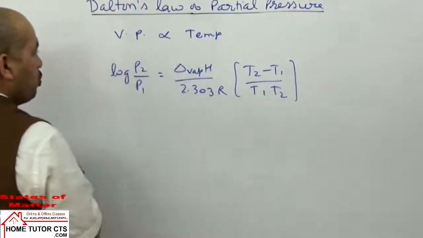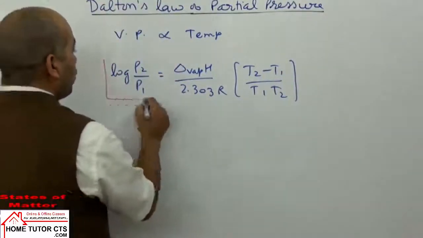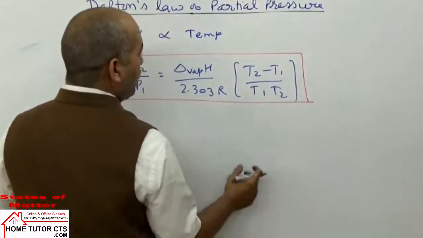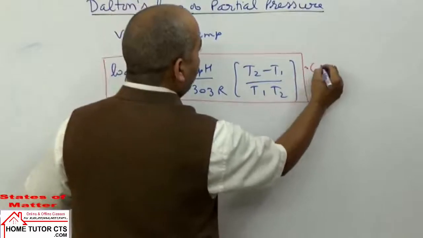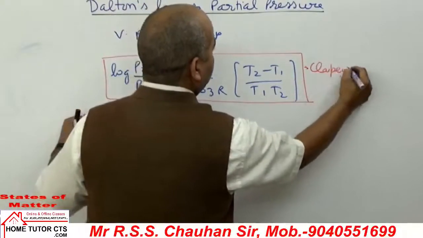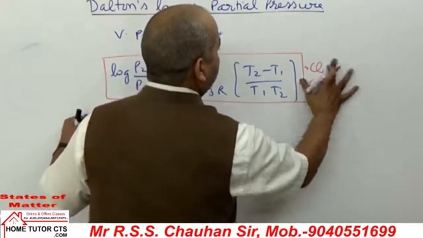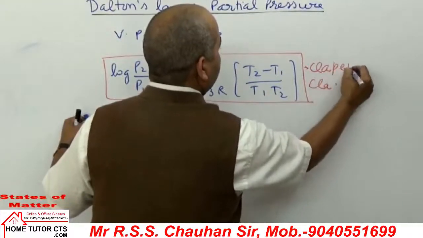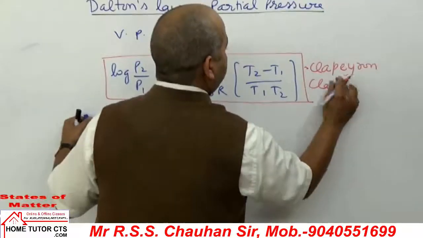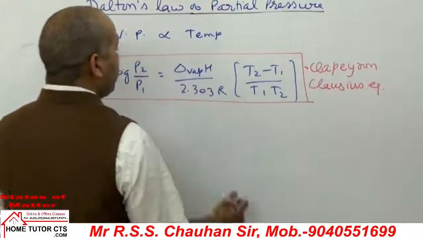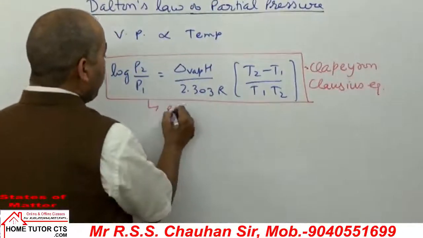This equation can be used here to see the effect of temperature on the vapor pressure of liquid. This equation is called Clapeyron-Clausius equation.